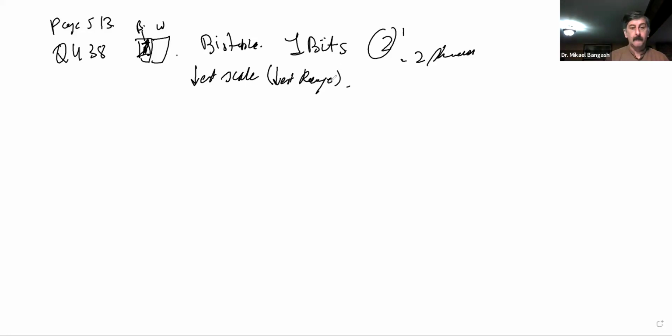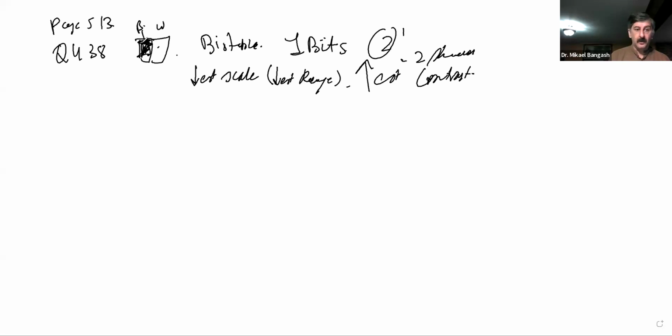Now what we have here is the greatest contrast, because the only two colors we had were black on one side and white on the other.